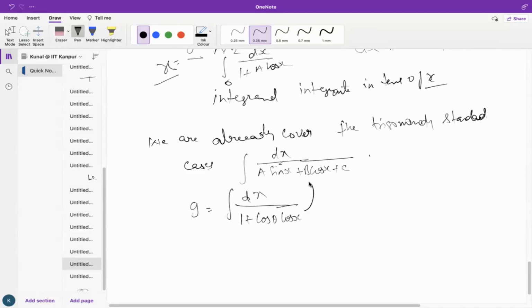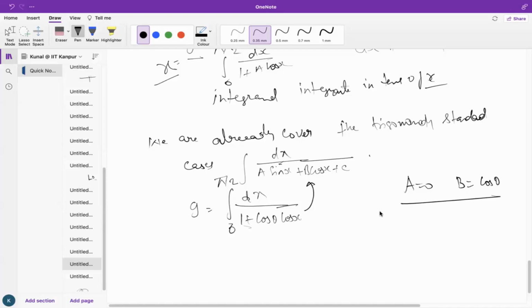So if we compare this to our indefinite integration standard cases of trigonometric function, so what we get that here sin x term is missing. That means a is equal to 0 and b is equal to cos theta.